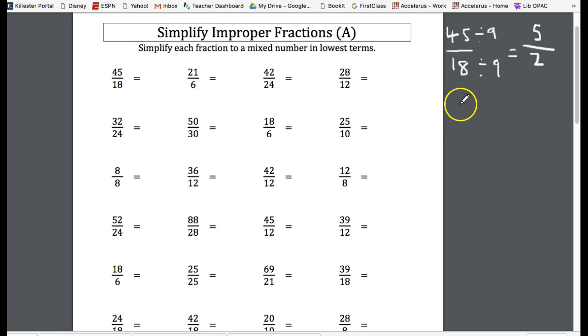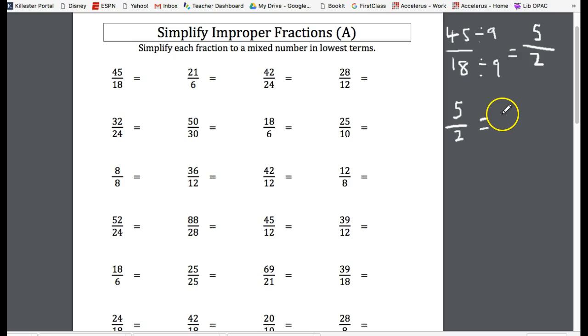Okay, so now I am dealing with simplifying from an improper fraction to a mixed number fraction, 5 over 2, which might be a little bit easier than doing 45 over 18. Now I ask myself, how many 2s go into 5? When you think about it, it's kind of like doing long division, because we read this fraction as 5 over 2, or 5 divided by 2.